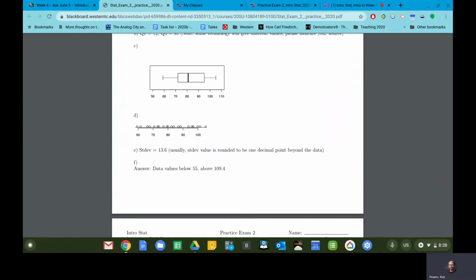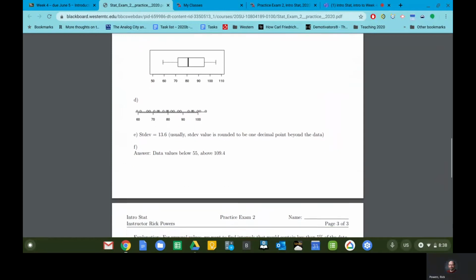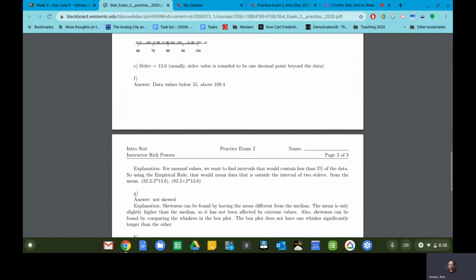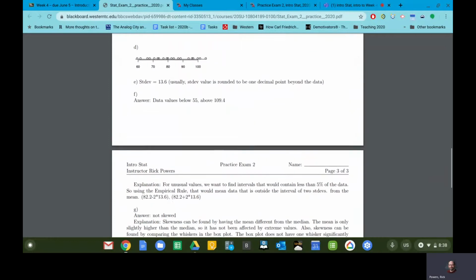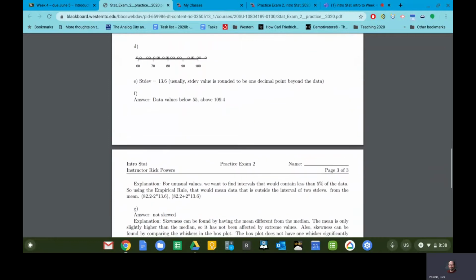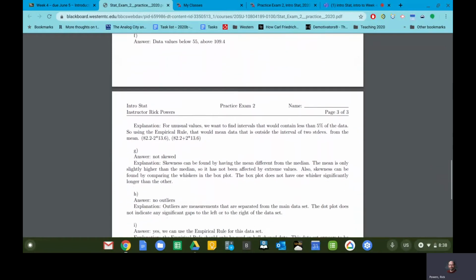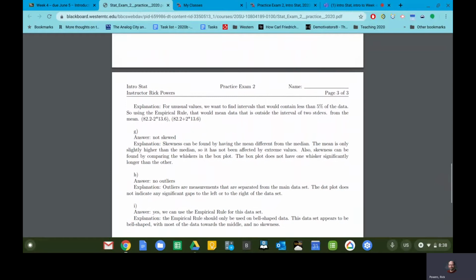Now, specifically for this data set that I have here for this practice set, on these last few problems, part F of question 2 and so on, you need to have an answer, and then you need to have an explanation. You need to explain what that answer is based on.